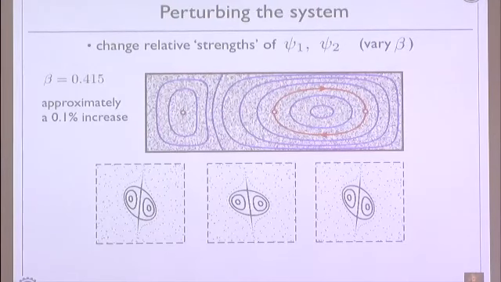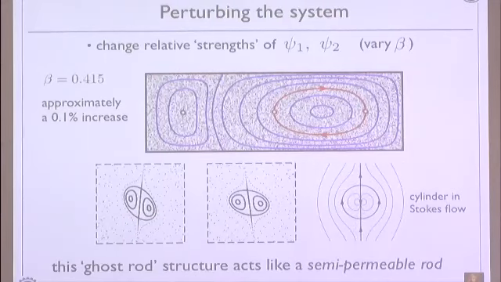Of course, these two hyperbolic points, we don't expect them to exactly connect. We expect to have some very small homoclinic tangle there. But if you look at the streamlines for a cylinder in Stokes flow, it looks a lot like a cylinder. So the idea of having this be a rod that appears to be stirring the fluid makes a lot of sense.